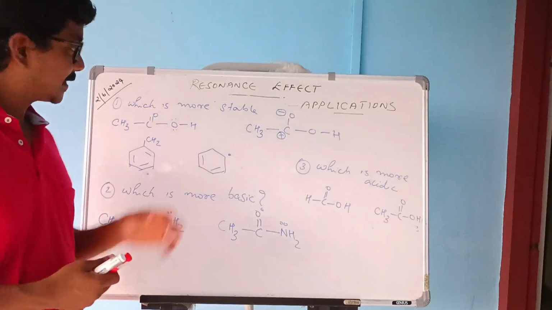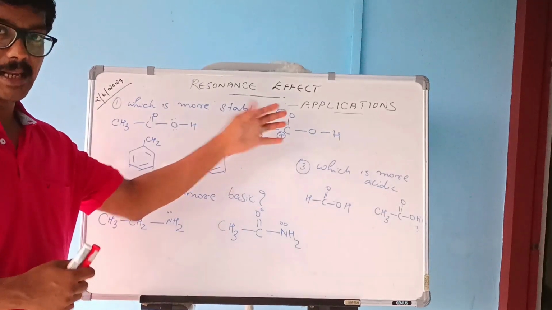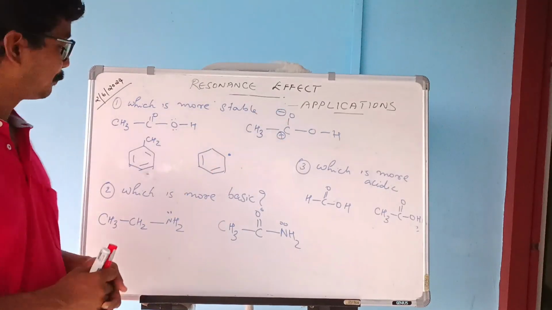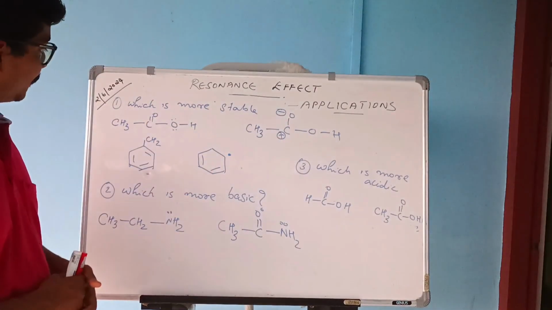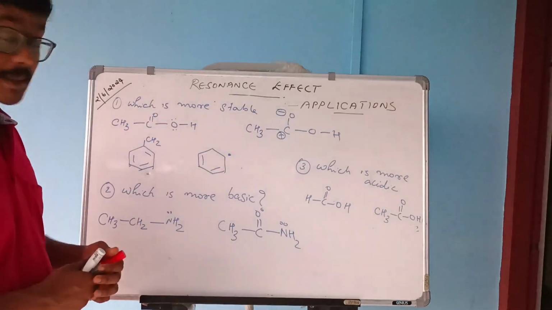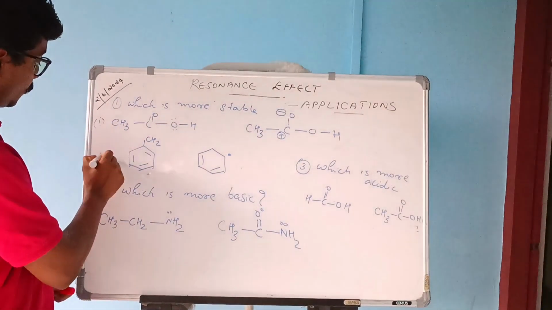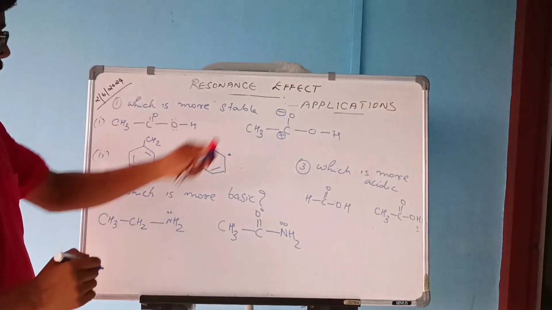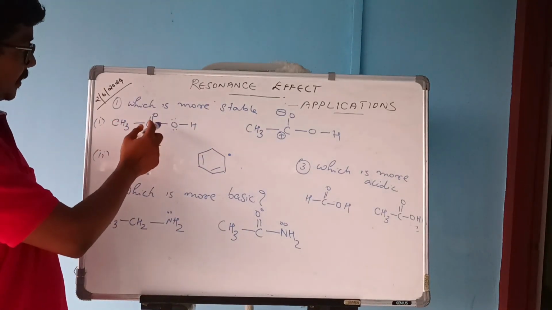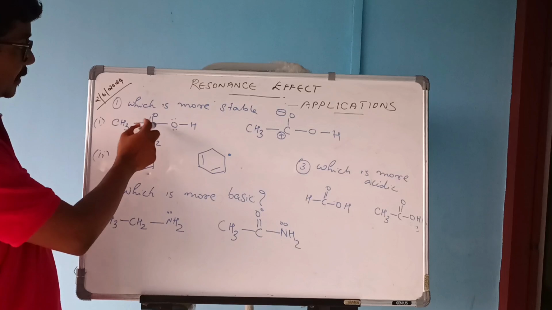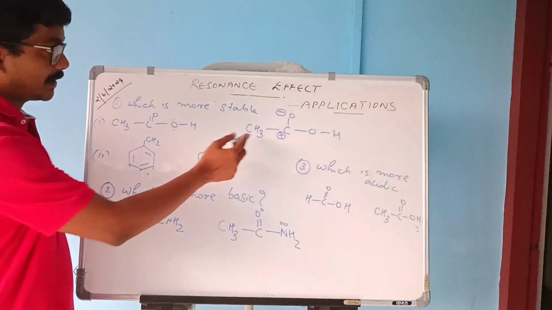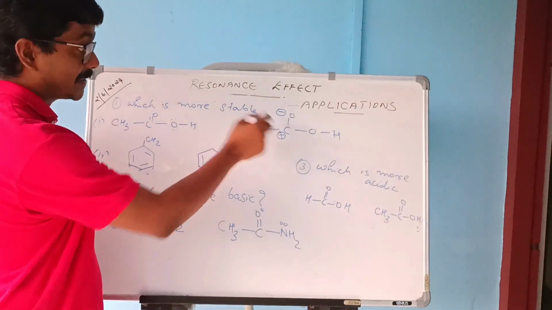So we are moving to discuss some examples using the applications we have discussed here. The first example: which is more stable? There are two questions, 1 and 2. This is acetic acid, CH3C double bond OH, and this is the same with a charge separation.